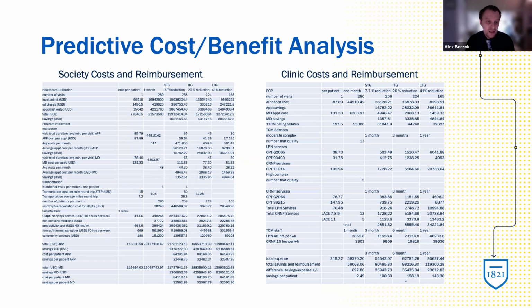One interesting thing noted with this was looking at the number of visits per month between providers, between APPs and physicians, what we were using. They far exceeded the number of actual visits that were completed per month by the patient panel.